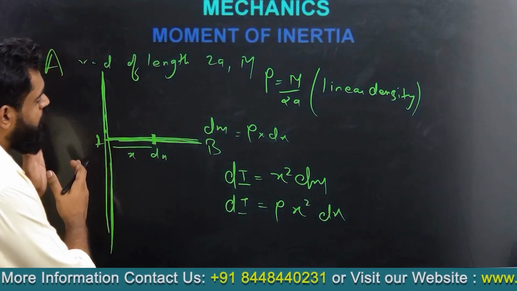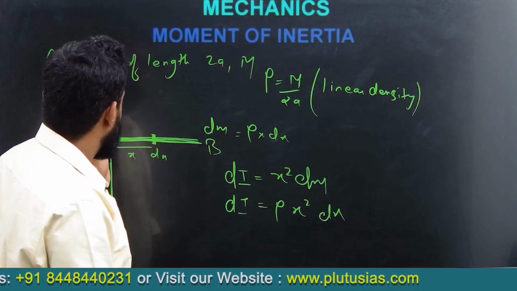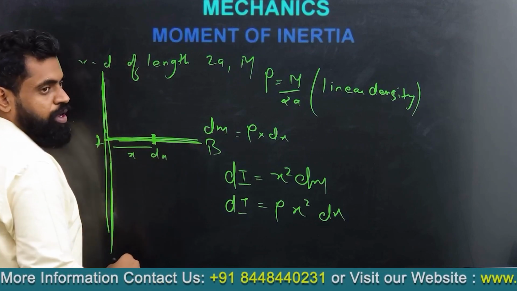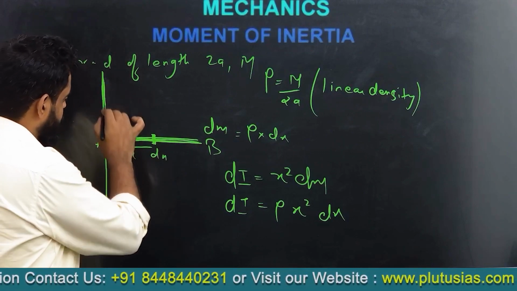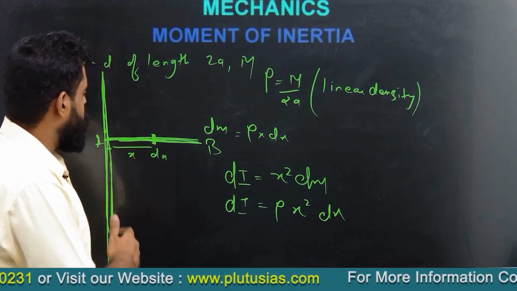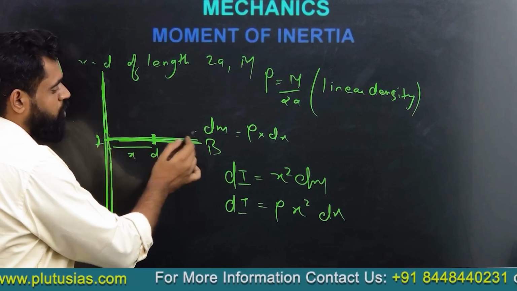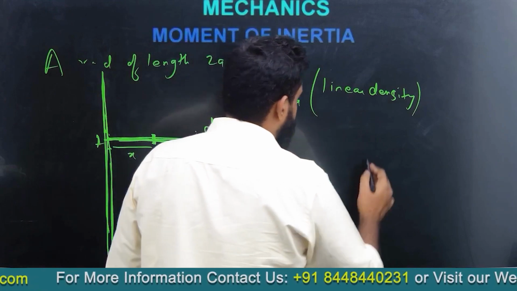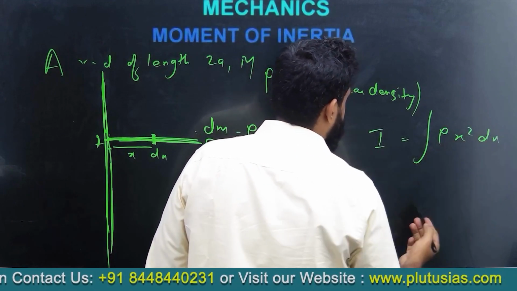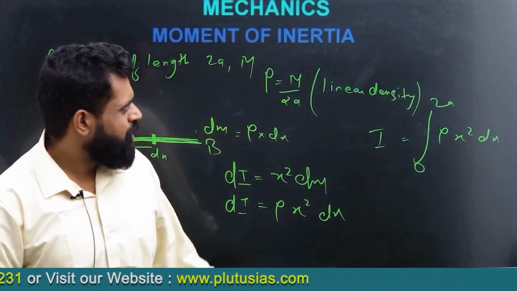Now for calculating the moment of inertia of the whole rod, we have to integrate this from this end to this end. Since we have taken this as the origin, or the reference line, or the axis, the integration would be from 0 to 2a. So we get I is equal to integration rho x square dx from 0 to 2a. Now you can easily solve it.